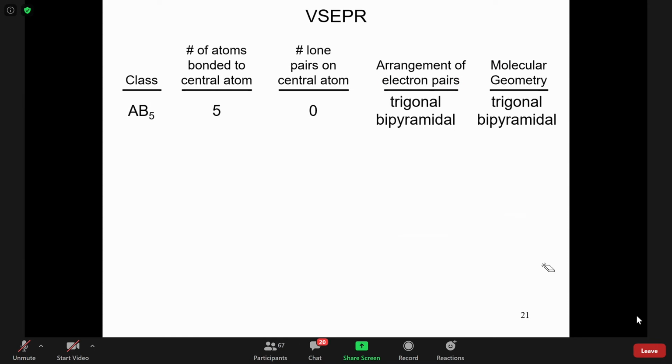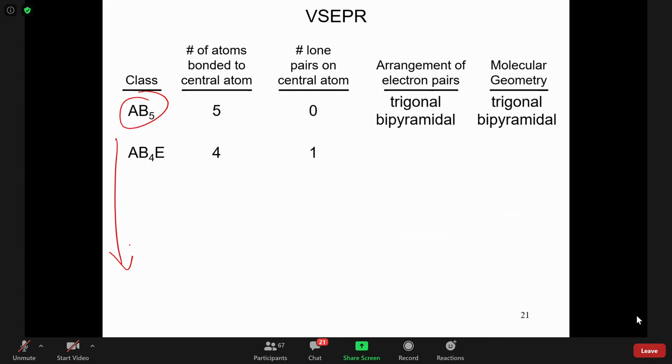Okay, so now AB5. Notice we did AB5 before, right? But now we're going to consider as we go down the list here, what happens if we have fewer bonds and more electron pairs? That's kind of the scheme of what we're going through here.